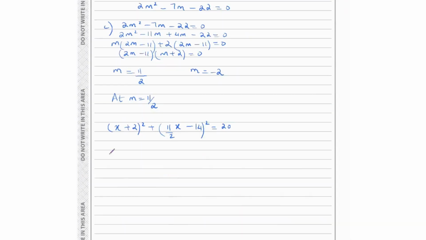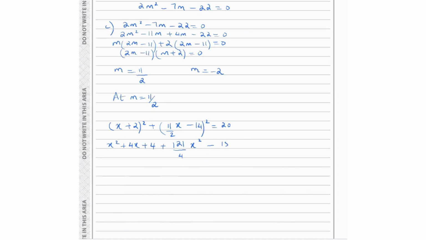We solve this. x squared plus 4x plus 4 plus 121 over 4 x squared minus 154x plus 14 squared, which is 196, equals 20. Collect everything on one side.